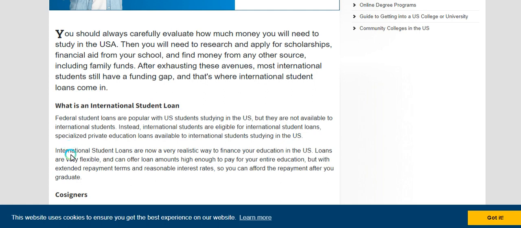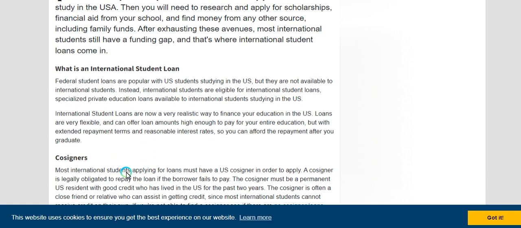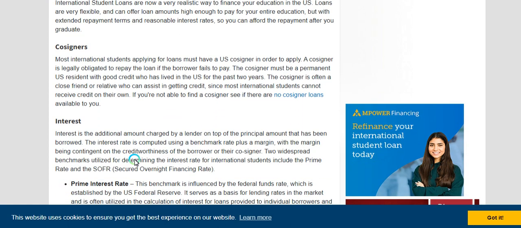International student loans are now a very realistic way to finance your education in the US. Loans are very flexible and can offer loan amounts high enough to pay for your entire education, with extended repayment terms and reasonable interest rates, so you can defer the repayment until after your graduation.